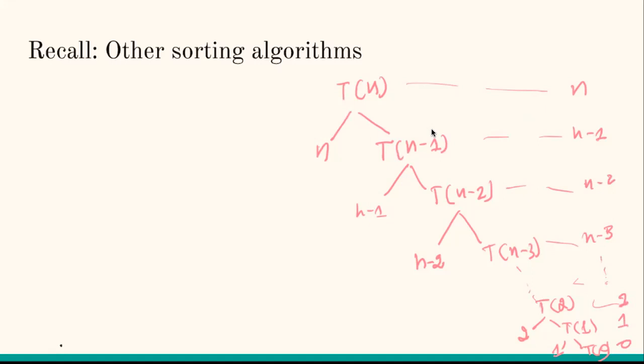So what we need to do next is sum up all the costs at each level. We end up having n plus n minus 1 plus n minus 2 plus n minus 3 plus ... plus 2 plus 1 plus 0. This is equal to what?